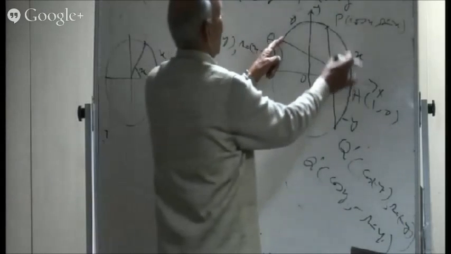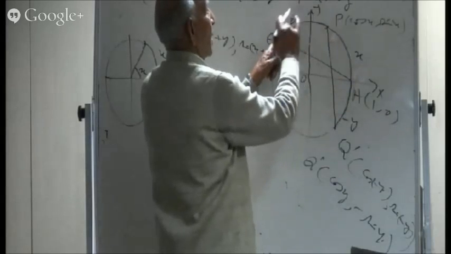Can you give me the reason? AQ chord, that distance, is equal to PQ dash.